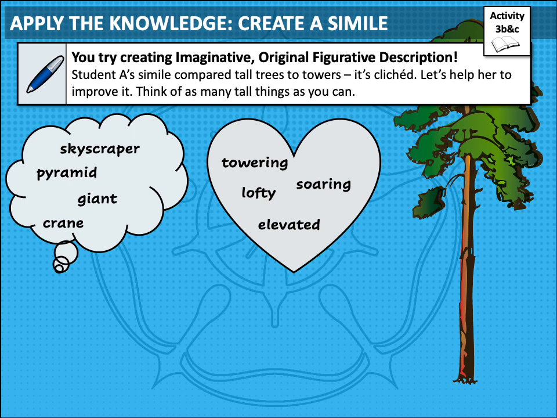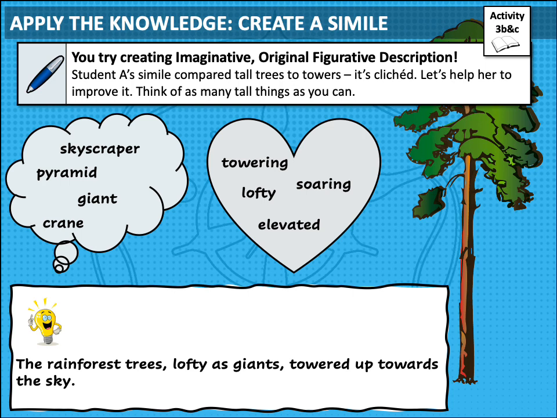Now, if we stop and take time to craft carefully, we could come up with a simile. Let's try. The rainforest trees, lofty as giants, towered up towards the sky. I hope you're happy with your recreated simile. And this is a technique that you can use over and over again to improve the quality of your similes.